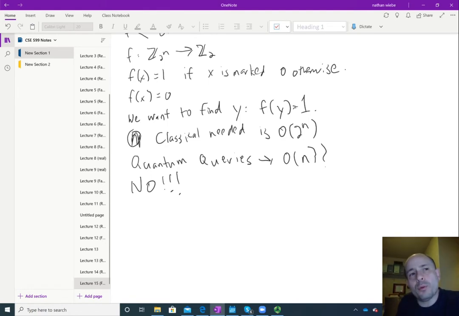One of the reasons we know that this is not likely to give an exponential speedup is actually from computational complexity theory.